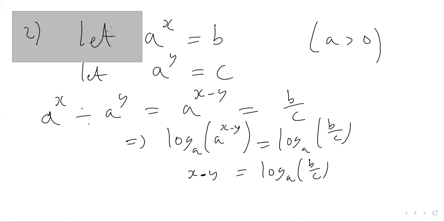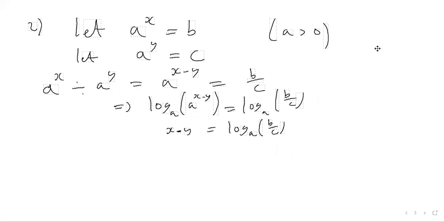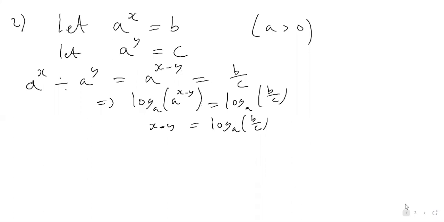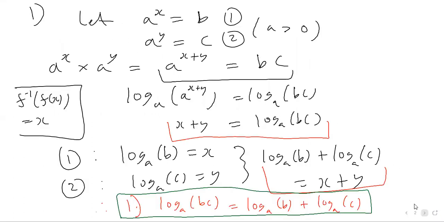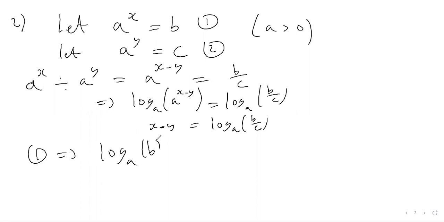Again, we're going to do a very similar thing to what we did before. You consider the two starting equations that we had, 1 and 2. I'm going to call this one number 1 and that one number 2. What 1 tells us is that the logarithm of base a of b is x. And what number 2 tells us is that the logarithm of base a of c is equal to y.